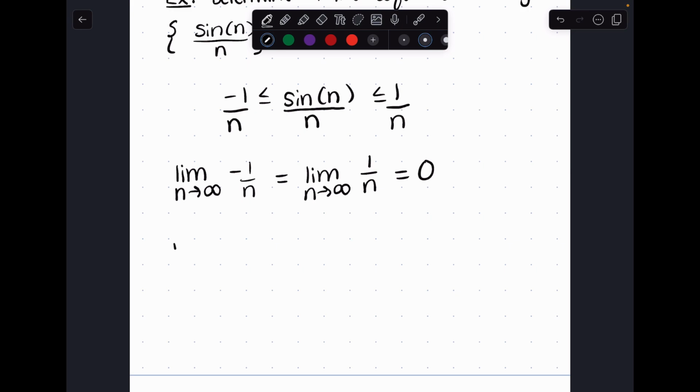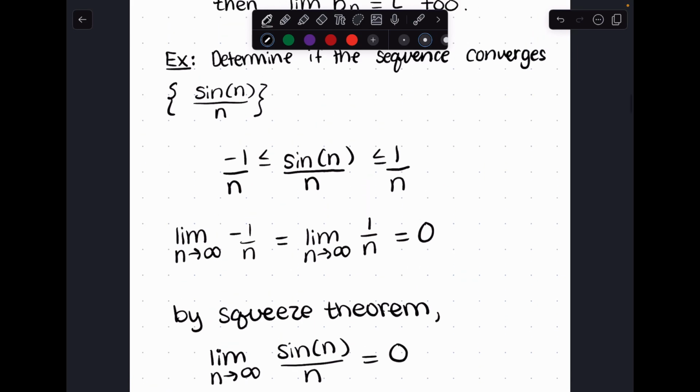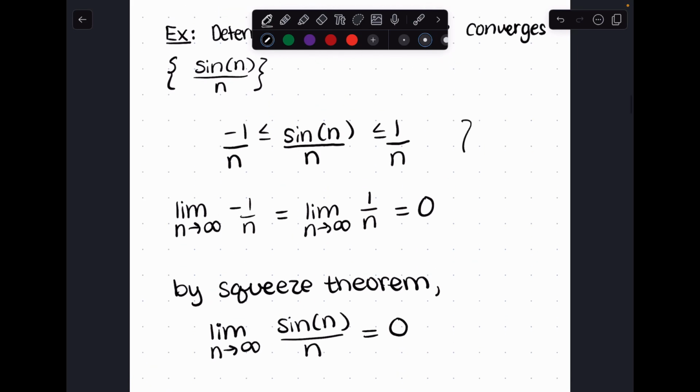So we could say by squeeze theorem, the limit as n goes to infinity of sine of n divided by n is equal to 0. And this is how you would set up the problem. So we have our justification here. We're stating that we're using this theorem, and then we have this conclusion.